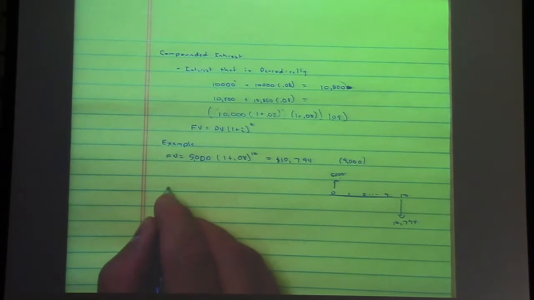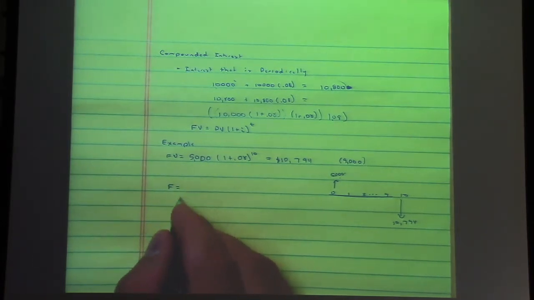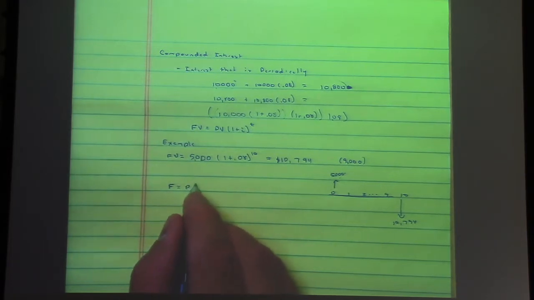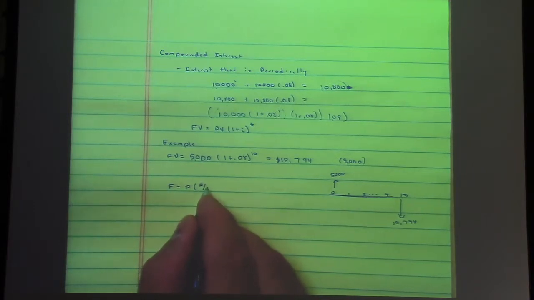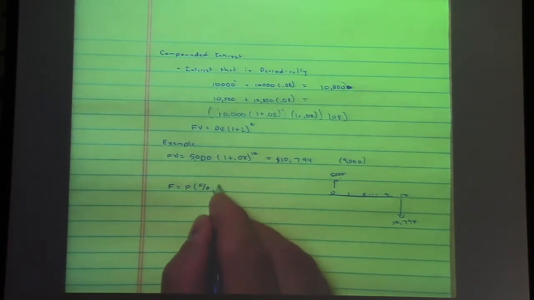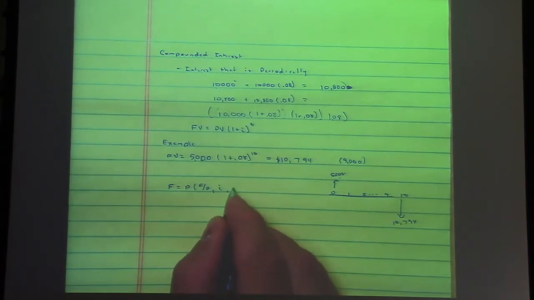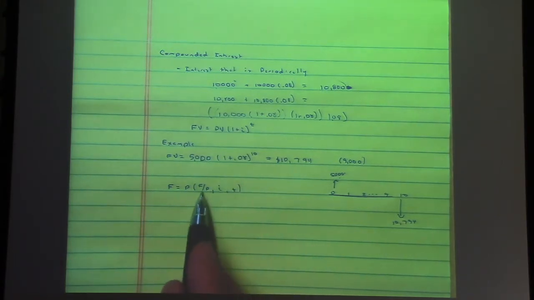What they do is, they say that the future value of an investment is equal to the present value times the future value given the present value, the interest rate, and the time. Okay? This right here represents the dependent or independent quantities in the problem.